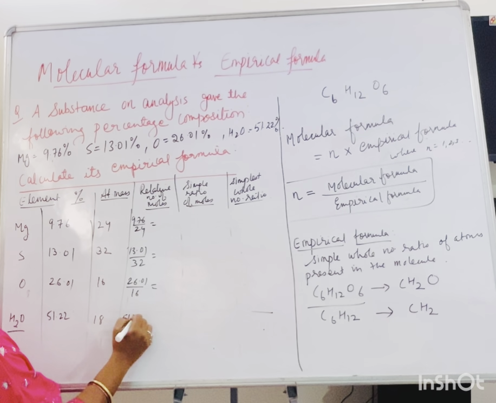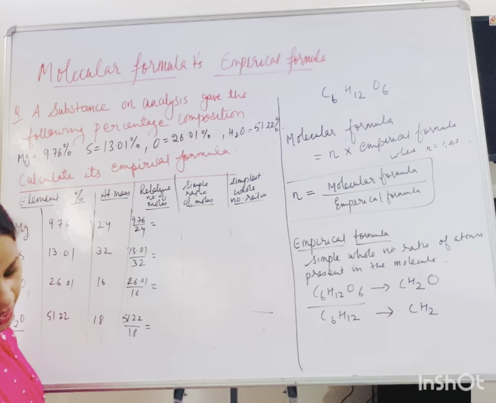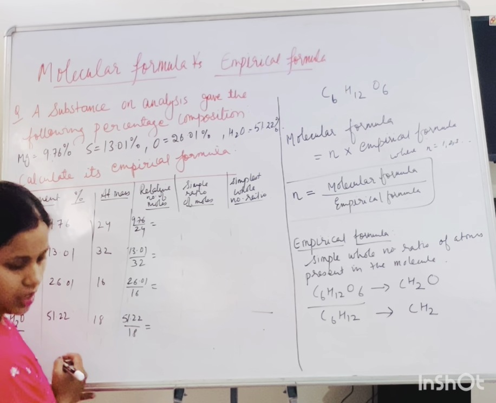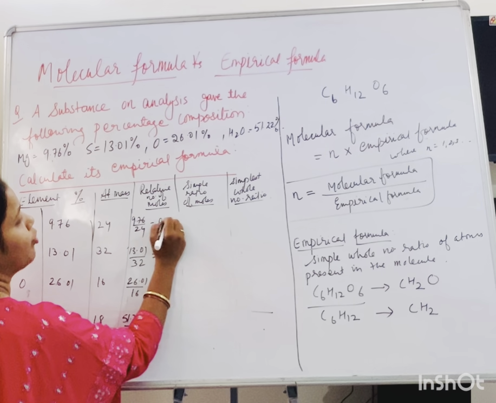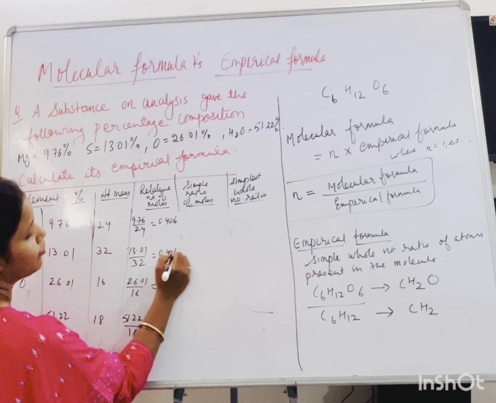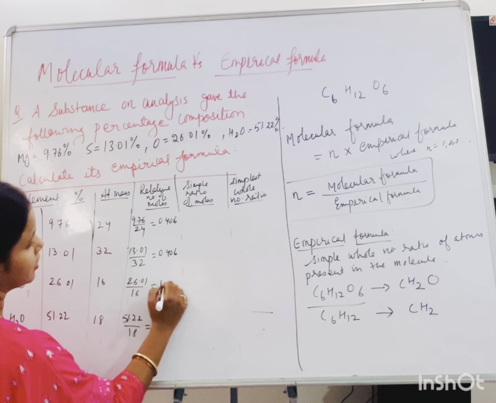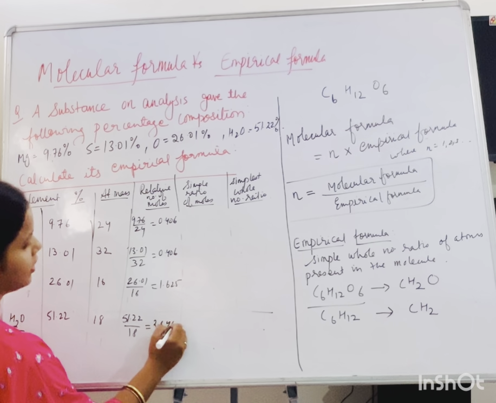So that is 51.22 upon 18. Okay. So around the value that you will be getting is 0.406. This will also come out to be 0.406. Again, this is 1.625, and here you will get 2.846.